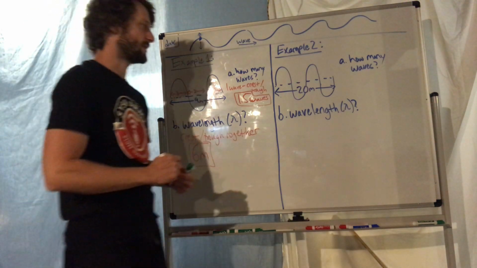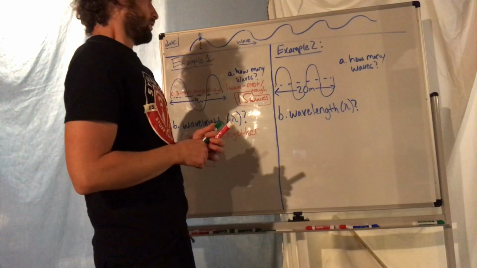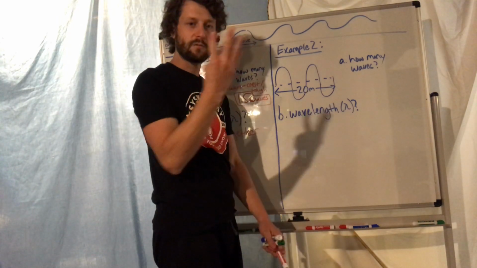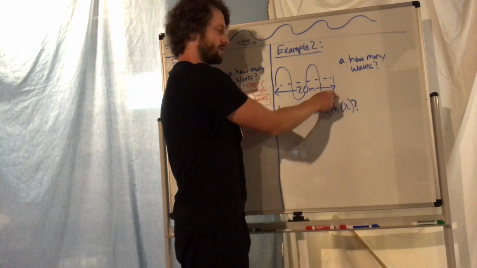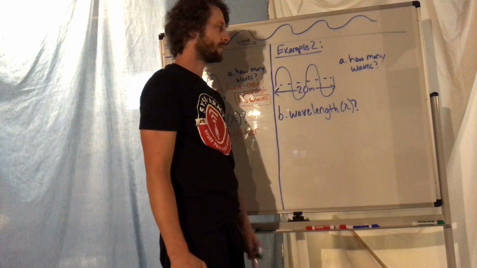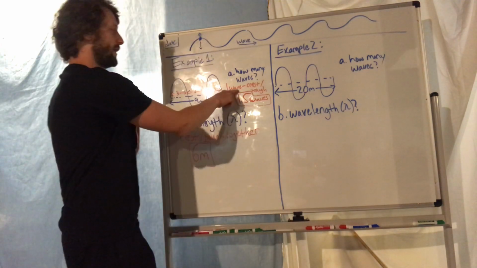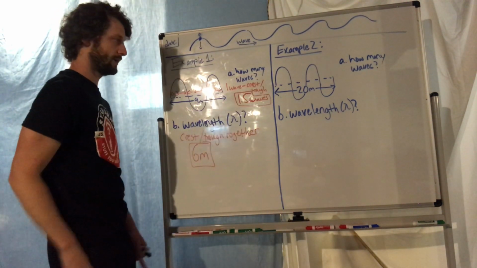So now let's do the second example. Just another one for practice, okay? We have crest, trough, crest, trough. 4 parts altogether. Those 4 parts are 20 meters long. So how many waves are there? Well, one wave, remember, is a crest and a trough together, okay?